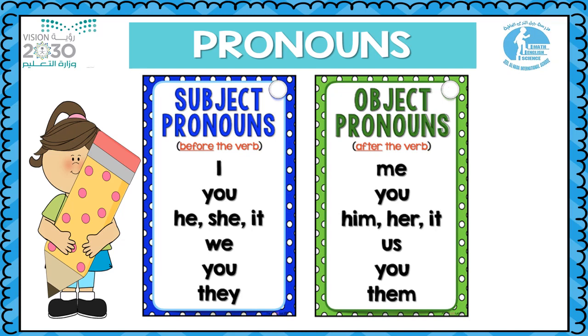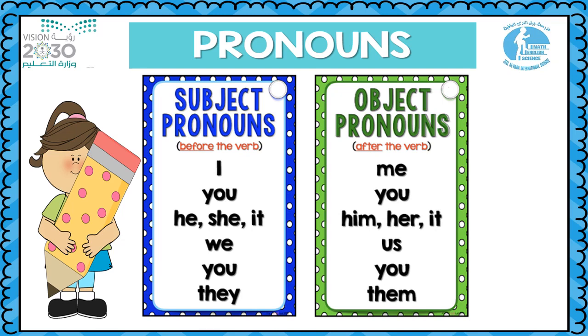He and him are for the boys. She and her are for the girls. You start your sentence with she, like she is happy. But we say the teacher talked to her, not the teacher talked to she, to her, after the action verb.